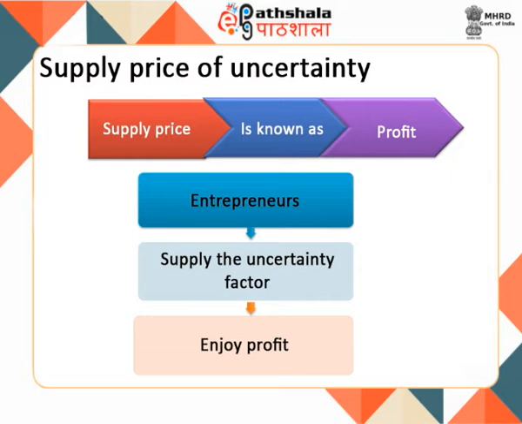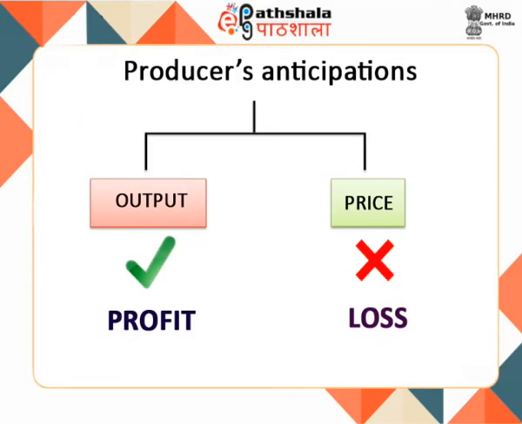In the production process, since entrepreneurs supply the uncertainty factor, they enjoy profit. It should be noted that in Knight's theory, in the midst of uncertainty, if producers' anticipations regarding output and price decisions are found correct, then they enjoy profits, otherwise, they incur losses.